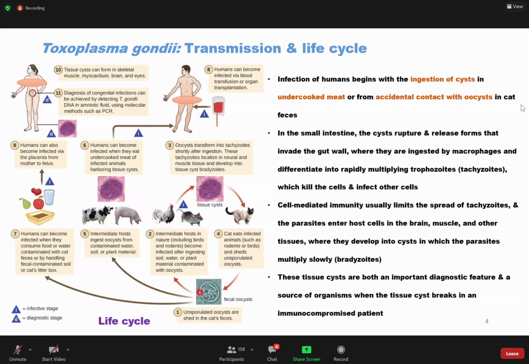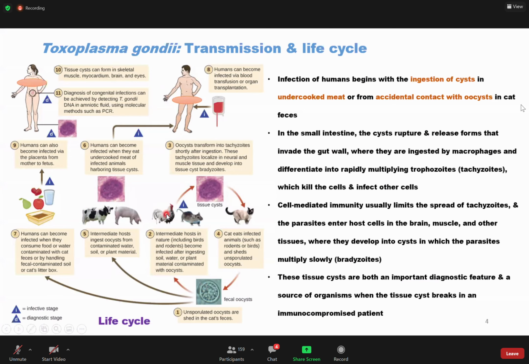Now, the usual cycle is depicted by the red arrow. So the usual thing is the infected cat will pass out the infective form in the feces, in the environment. Then you have the intermediate organisms like small rodents or poultry that will peck at food in the environment, and in the process, they pick up the infective form.